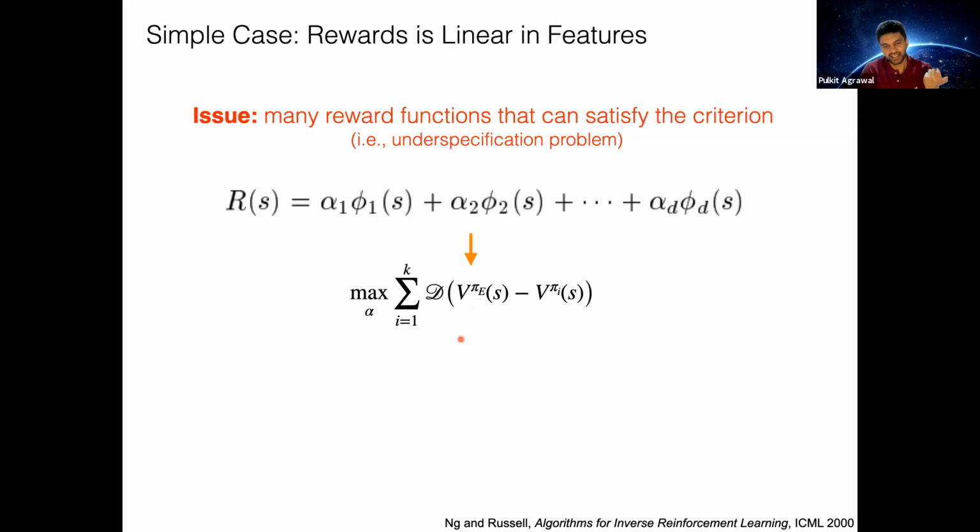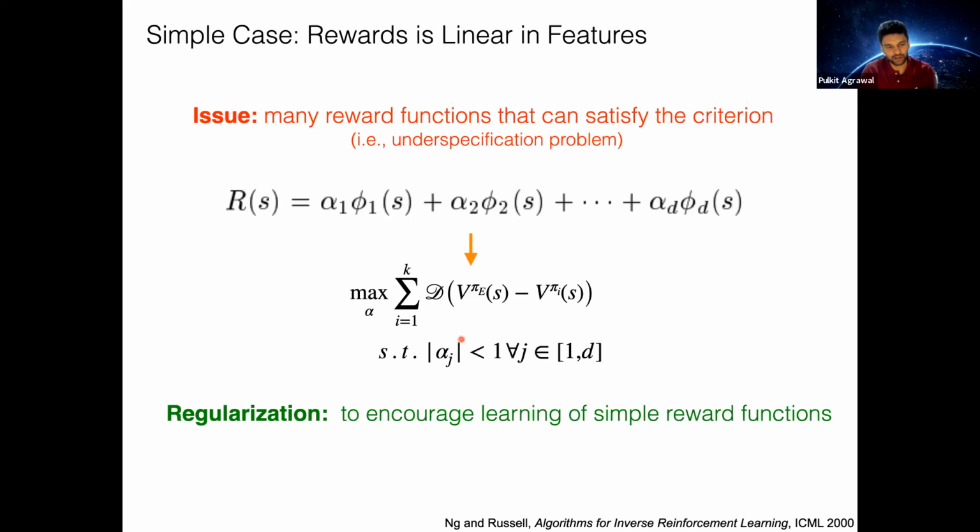This is exactly where in machine learning we use regularization. So one regularization that we can use is that these alphas should be small, which should encourage learning of simple reward functions. Right? So if you're familiar with lasso in regression, when you put an L1 penalty, which is the penalty being put over here, this encourages sparsity.